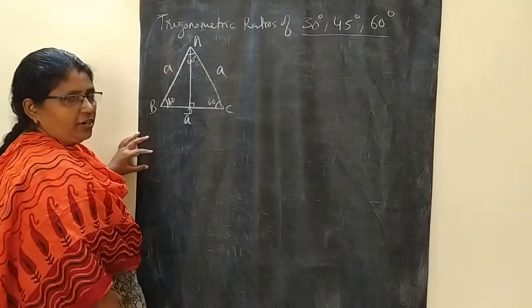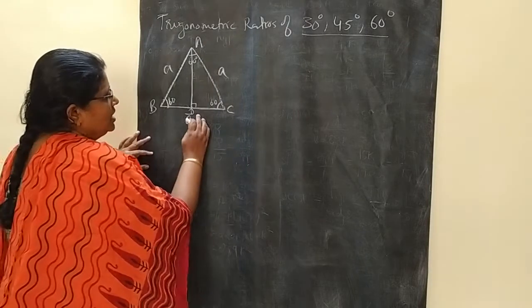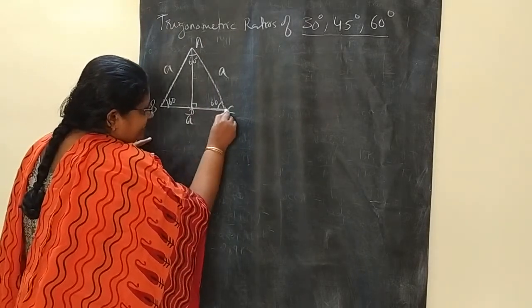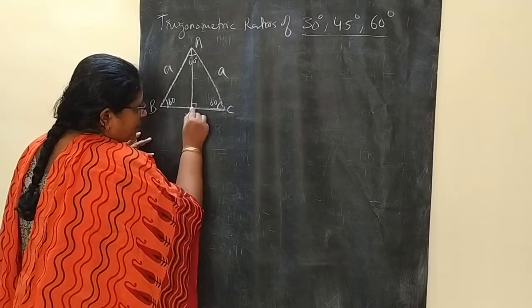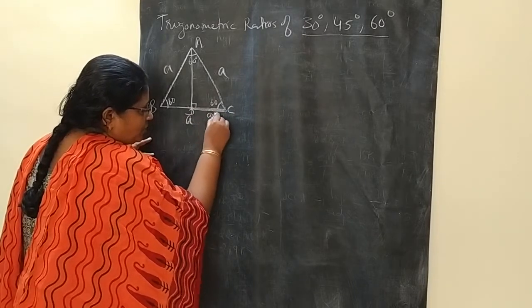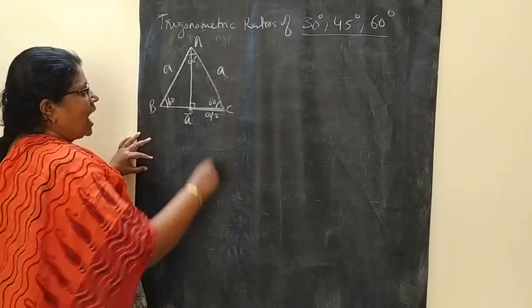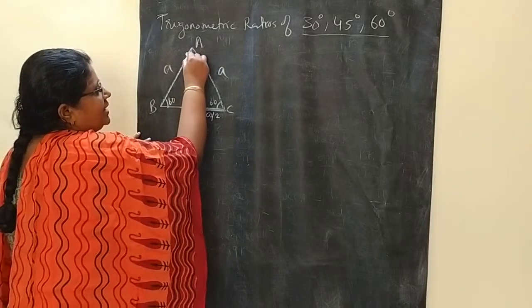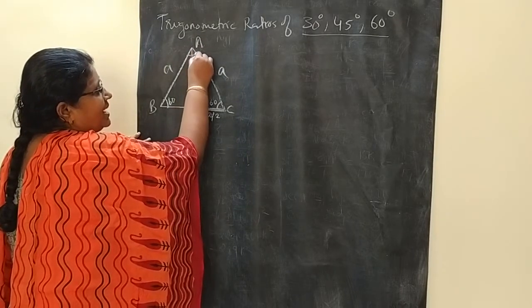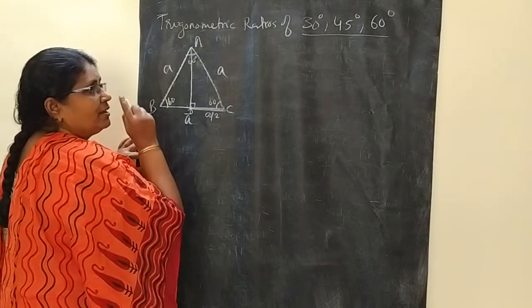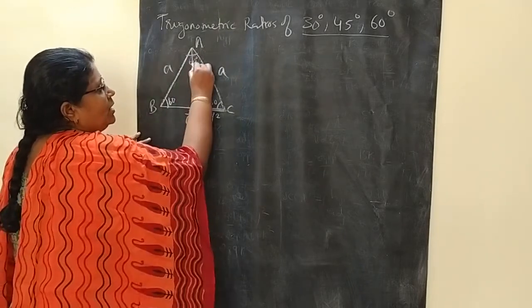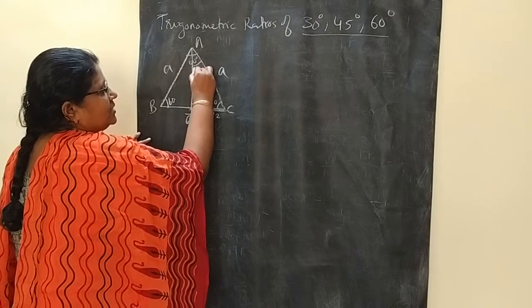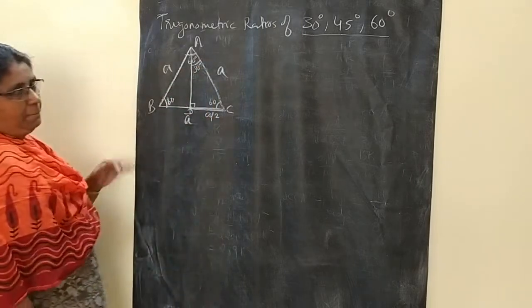That you studied already. So D is the midpoint, meaning this much is a by 2. And this altitude bisects the angle into two equal parts, so this angle is now 30 degree.